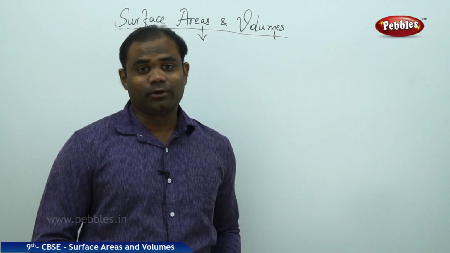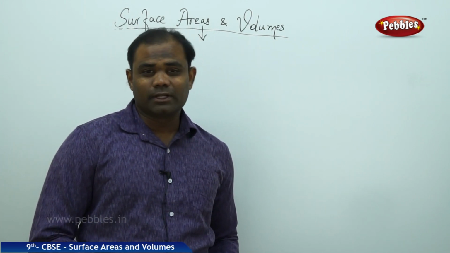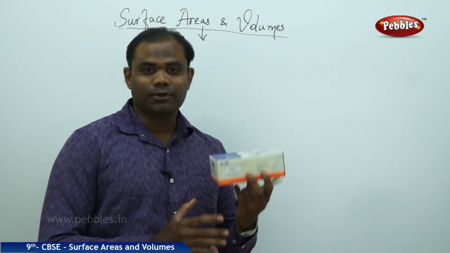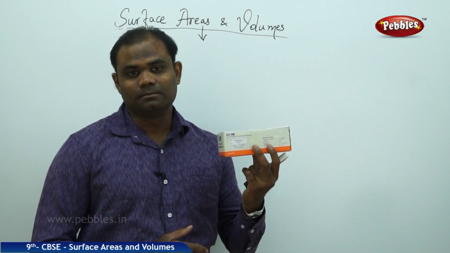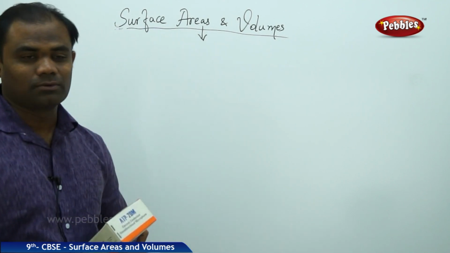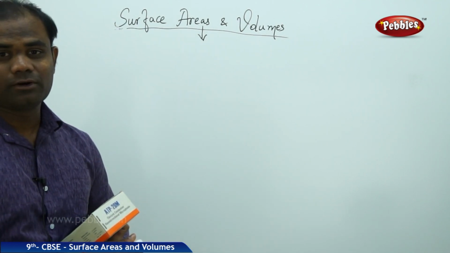Now that we have discussed surface area of a cuboid, let's see how we can understand the lateral surface area of a cuboid with its real life model. Today's session is about lateral surface area of a cuboid.